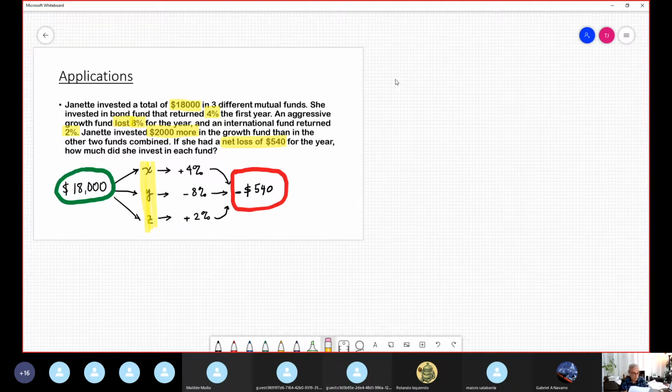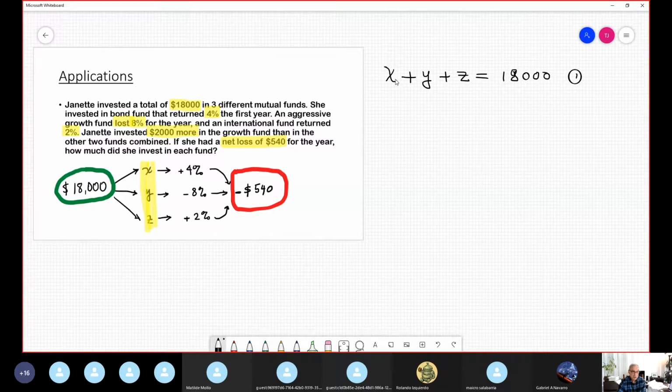You need to set up the equations and the rest is algebra. It's obvious that the first equation is the total money, which is X plus Y plus Z equals 18,000. This is my first equation. Equation number 1.